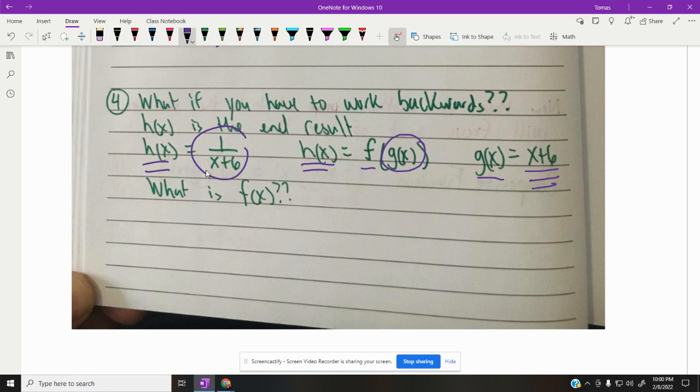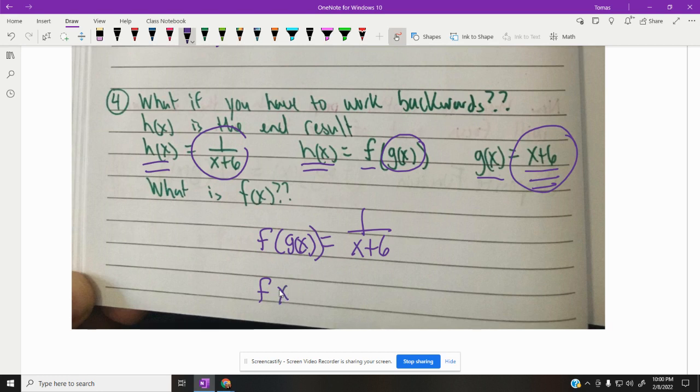So it's like a little puzzle. So we know f of g of x is equal to h of x, which is actually just 1 over x plus 6. Okay? And we know g of x is x plus 6.